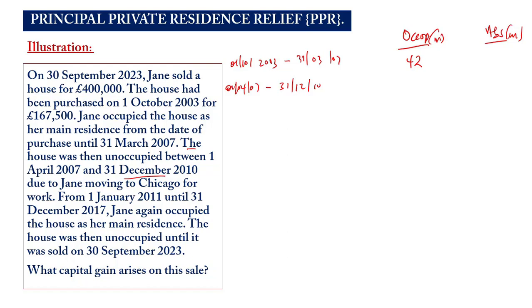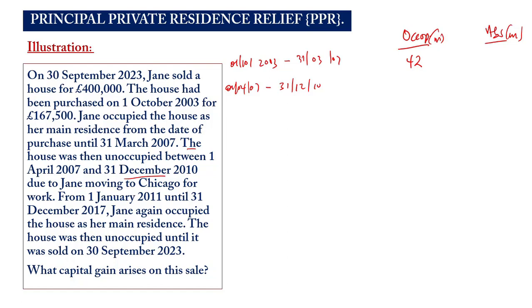So how many months from 1st April 2007 to 31st December 2010? 1st April to 31st March the following year is 1 year. So 2008 is 1 year, 2009 is 2 years, 2010 is 3 years. So from April to December is 9 months. So it's 3 years, 9 months. So 36 plus 9 is 45. We are told that she moved because she was working in Chicago.